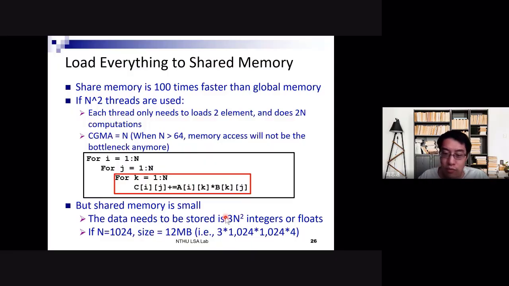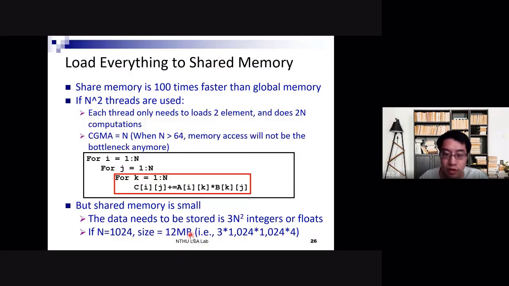So that's why you have 3 times n squared. And each element requires 4 bytes, so you need to multiply by 4. That's how you get 12 megabytes. So you can analyze your code to know exactly how much shared memory you need per block. And this number needs to be smaller than the limit from the hardware spec or compute capability.